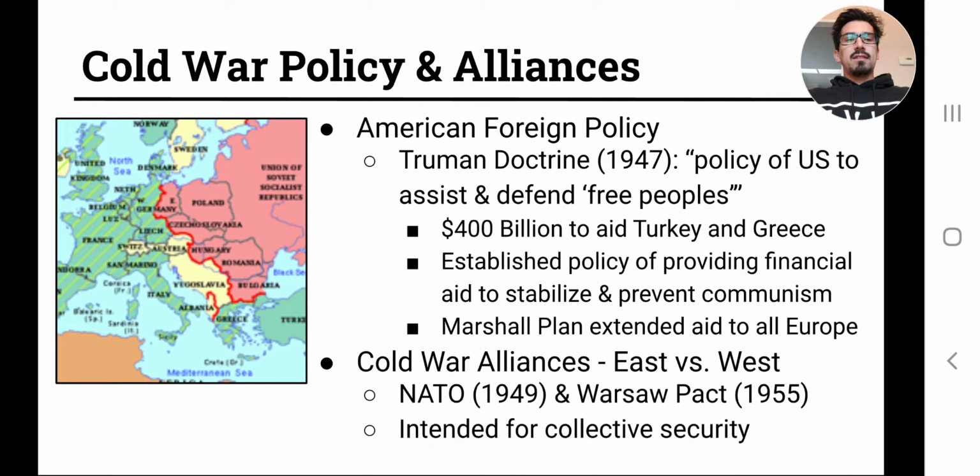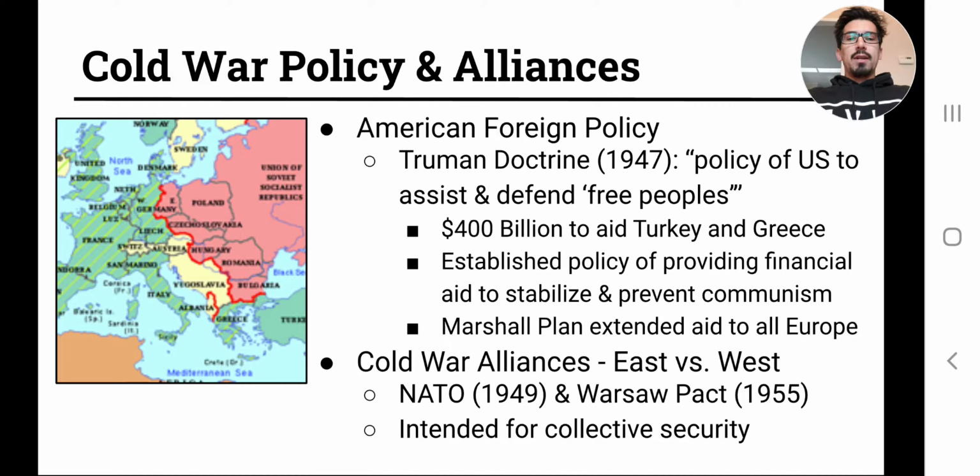Two alliances, NATO and the Warsaw Pact. These were alliances that were created. NATO stands for North Atlantic Treaty Organization, and this involved the United States as well as the major powers of Western Europe, among others. And then the Warsaw Pact, which was the Soviet Union and its satellite nations. And these alliances were intended for collective security.